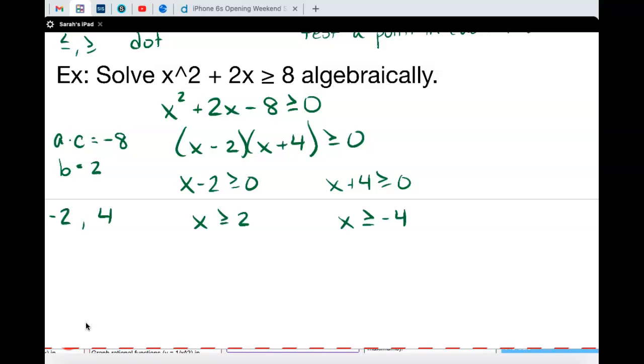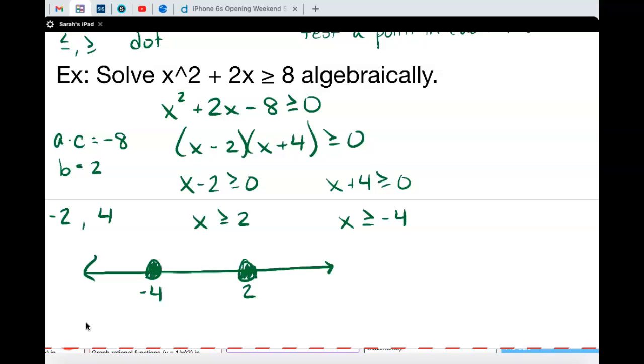Most of the time our inequality signs should not be pointing in the same direction in our solution. That's why we have to graph it and test which one has to switch the other way. On our number line, I can plot negative 4 and 2. At these points, are they going to be circles or dots? Dots, because they're equal to.